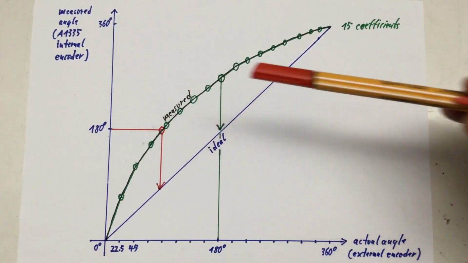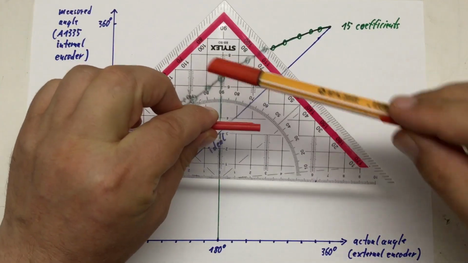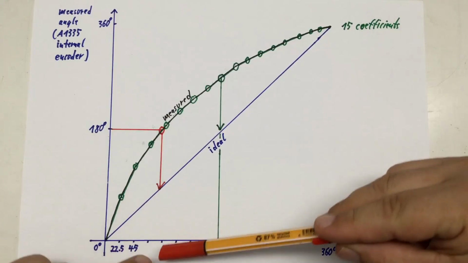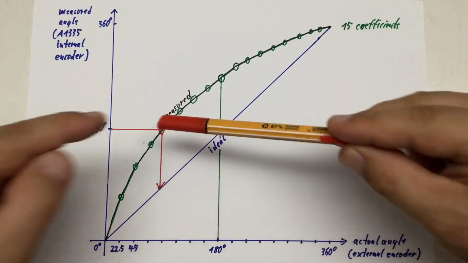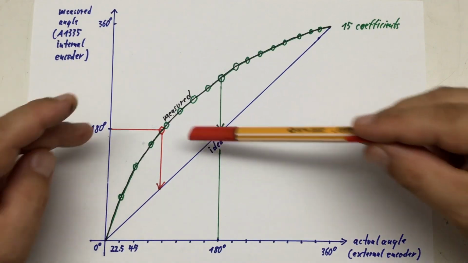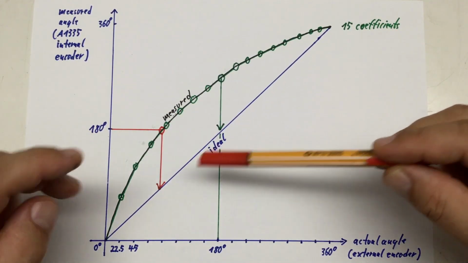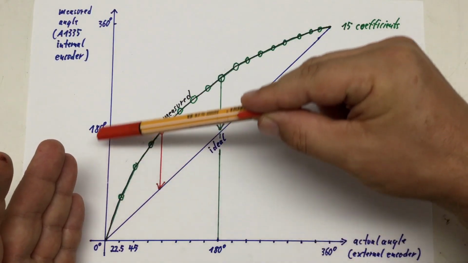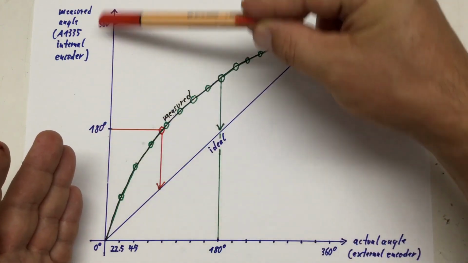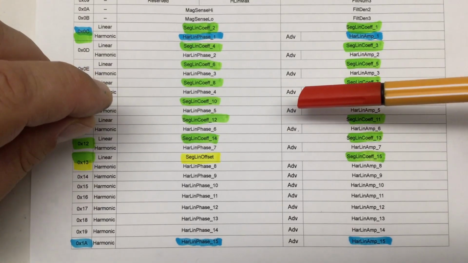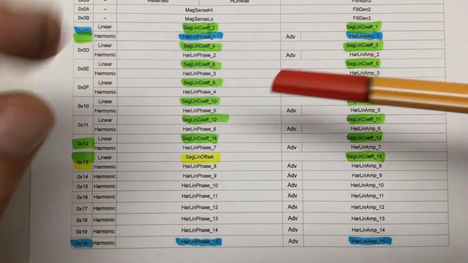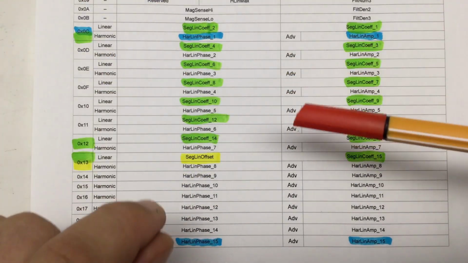And then you take your external encoder and measure what's the actual angle. And you give that to the A1335 as correction point. Of course, again, for all the 15 correction coefficients. These segmented linearization coefficients are of course also stored in the SRAM.